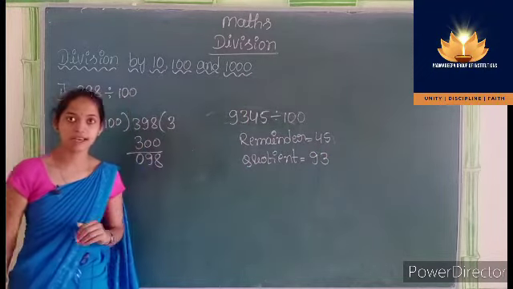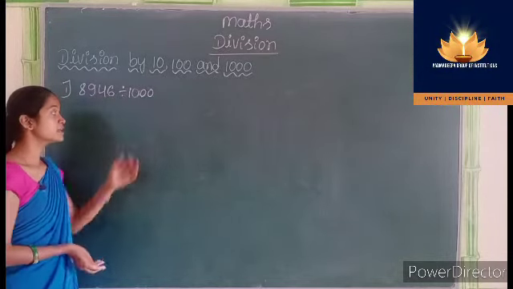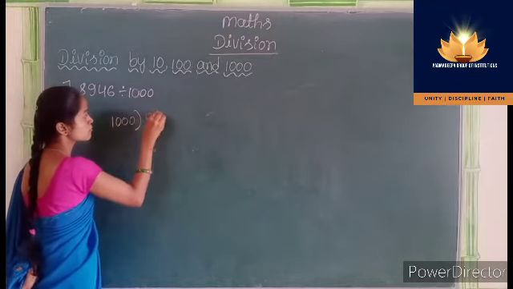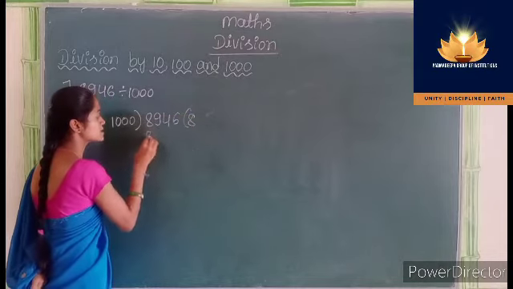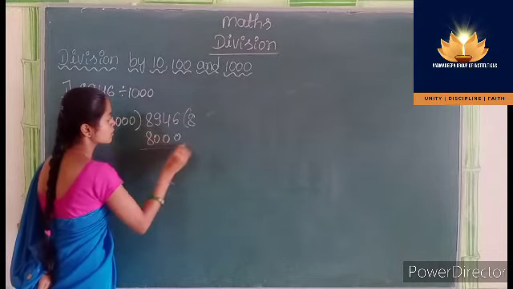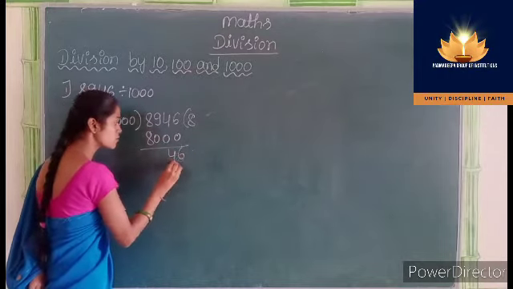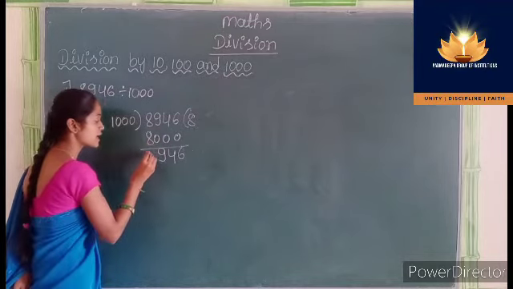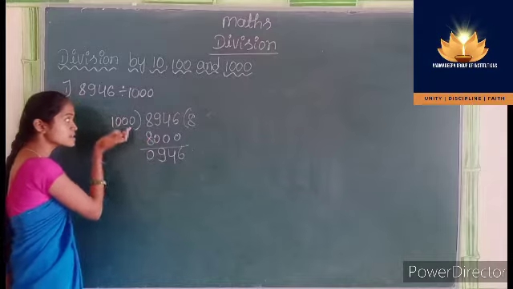Okay, have you understood? Divide 8946 by 1000. 1000 8s are, that is 8000. 6 minus 0, 6. 4 minus 0, that is 4. 9 minus 0, that is 9. 8 minus 8, 0. 946 is less than 1000.